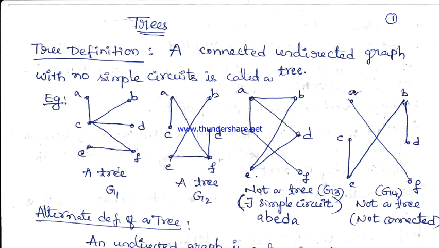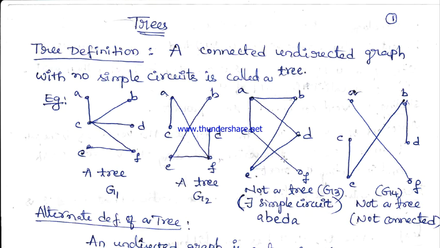Therefore, this graph G1 form a tree. Similarly, when we look at the graph G2, here also we can observe that the graph is connected, undirected, having no circuit at all. Therefore, this G2 is also a tree.